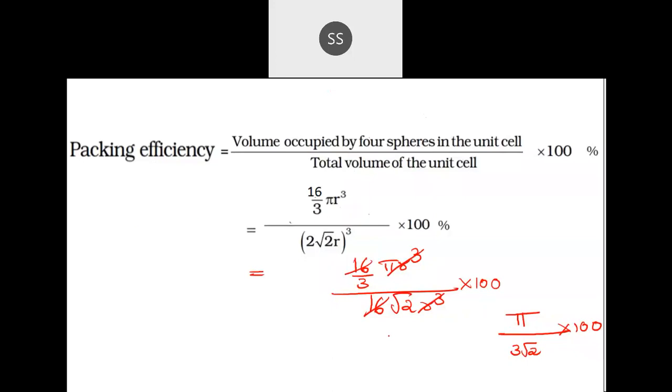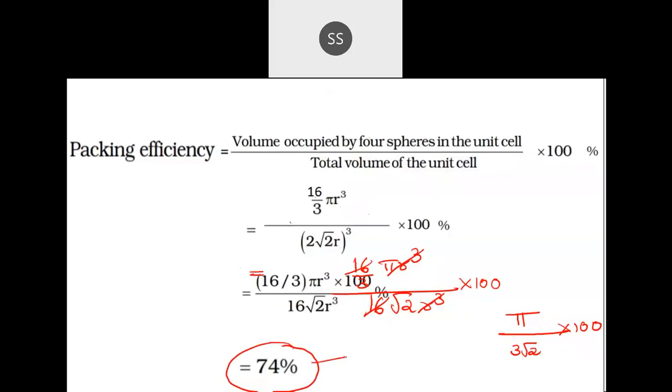So this overall percentage will be 74. That means 74 percent of the total space is occupied by the atoms, and the remaining space, around 26 percent, is occupied by the void. So that is getting wasted in the form of void, and only 74% is being occupied. Approximately we are taking that as 74 percent.